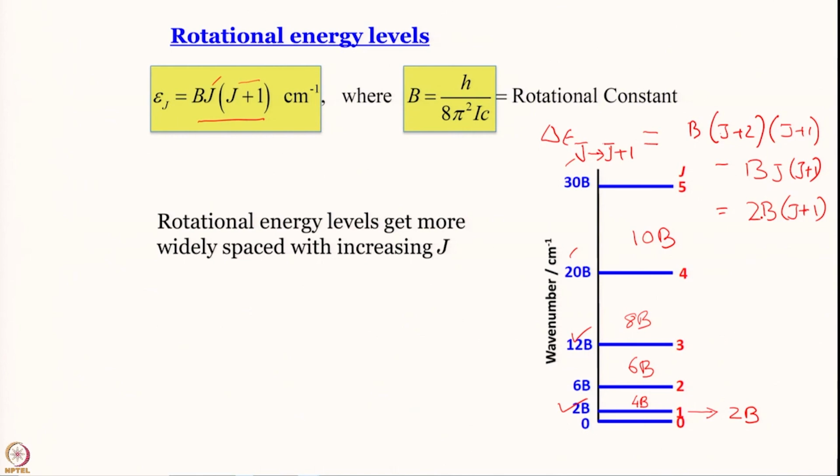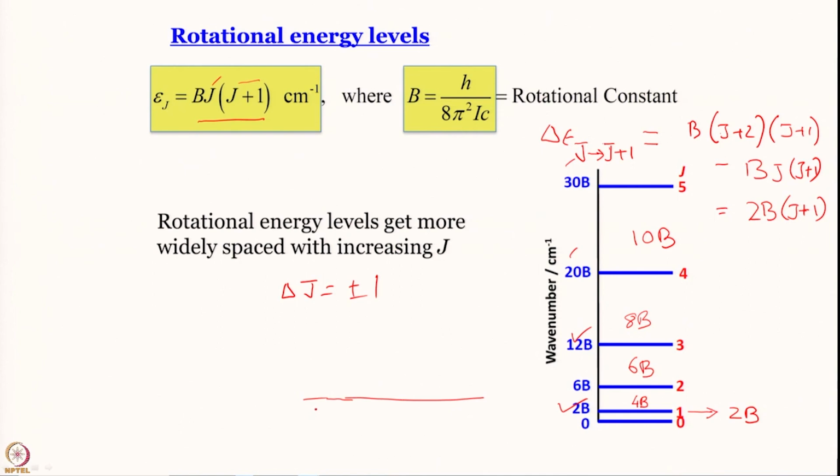Now, this has profound implications in rotational spectroscopy. Turns out, and I will not derive it here, once again it is there in our molecular spectroscopy lectures. One can work out the selection rule. The selection rule turns out to be delta j equal to plus minus 1, which means that in rotational spectra lines will occur at intervals of how much?